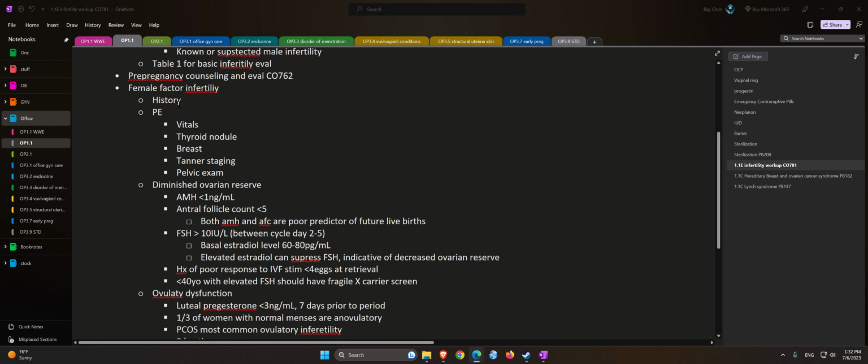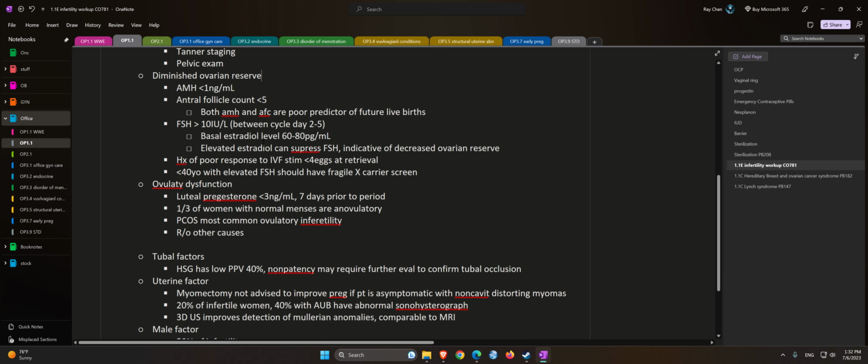So female factor, we do a history, physical exam, we check vitals, thyroid nodules, breast exam, look at Tanner staging, and pelvic exam. If suspecting diminished ovarian reserve, we can check AMH.